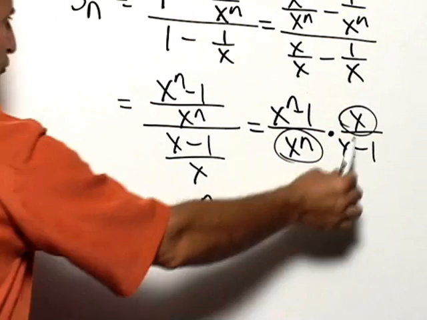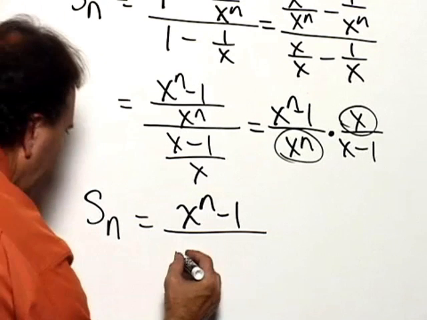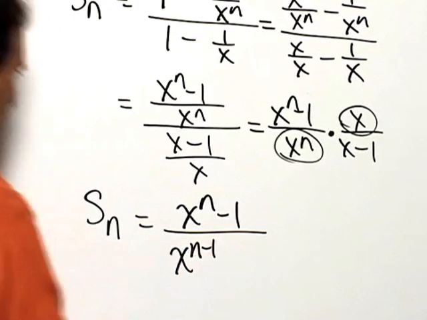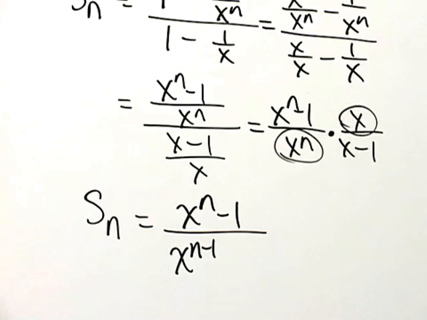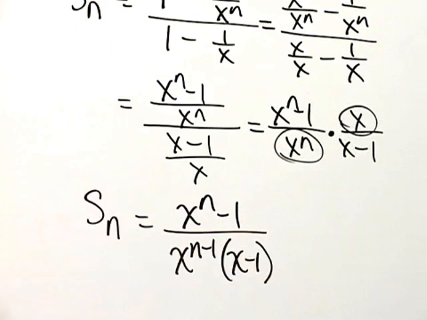If I actually bring this x down into the denominator, that becomes x to the n minus 1, and that would be multiplied by this factor of x minus 1. So there's another possible way of looking at the formula for the sum of the first n terms.